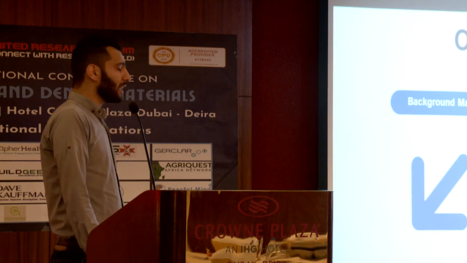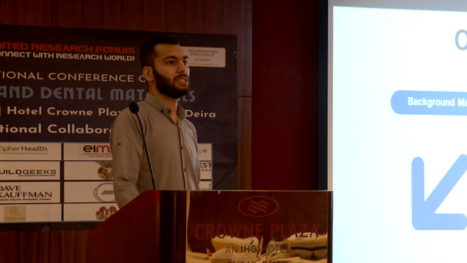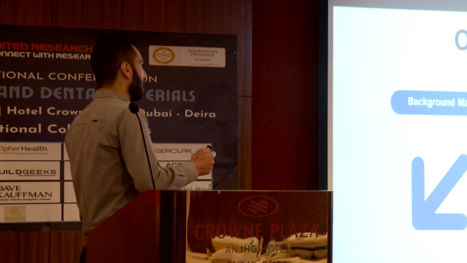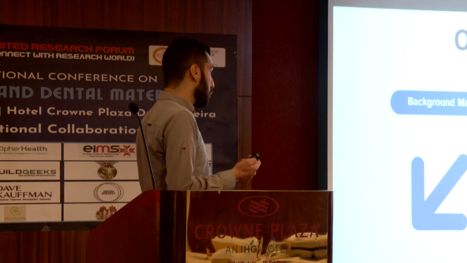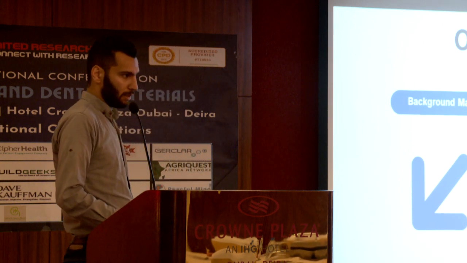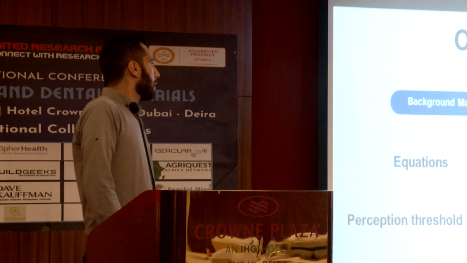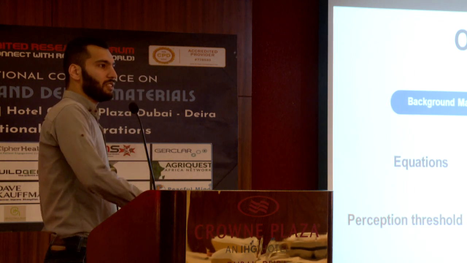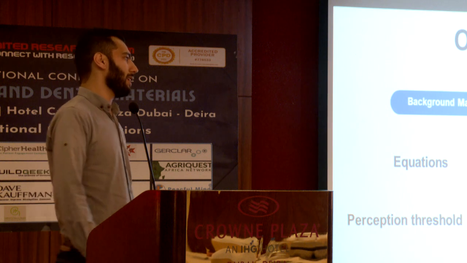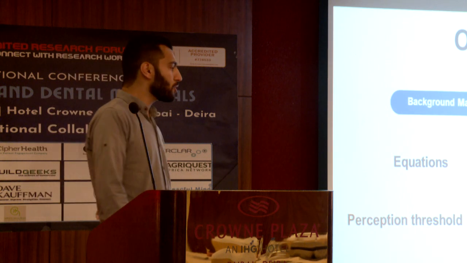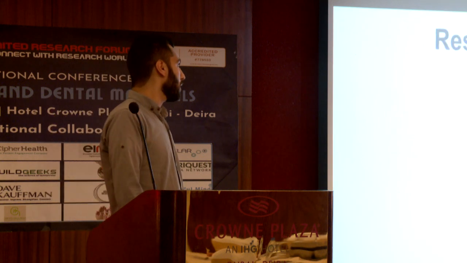So, optical effects. We have to understand there are two types of optical effect. We have to differentiate between shade changing and background. For the interaction of these two changes, there is an equation to evaluate. There is a perception level, but we're not here to talk about this.